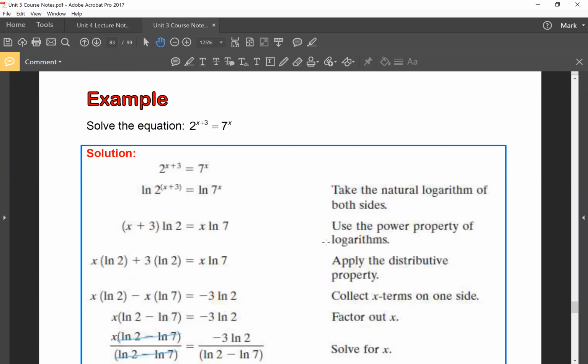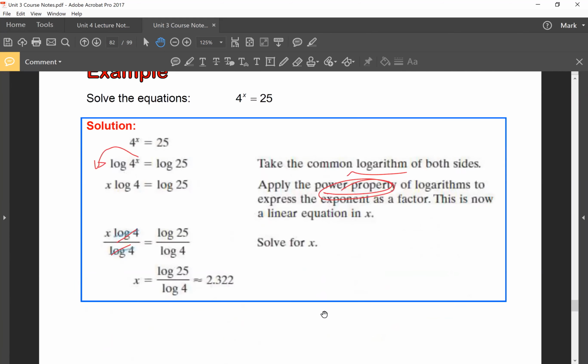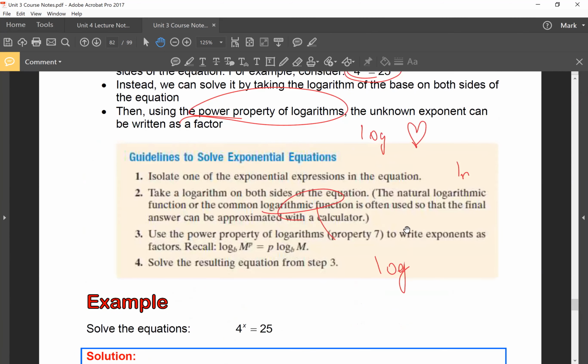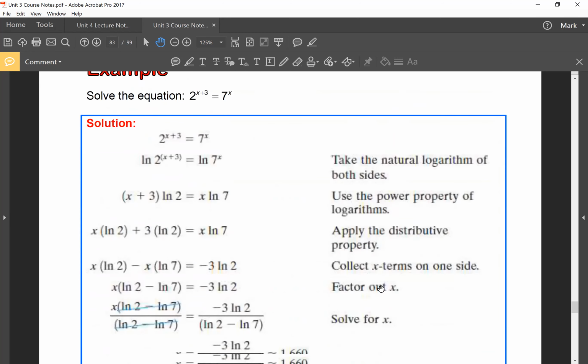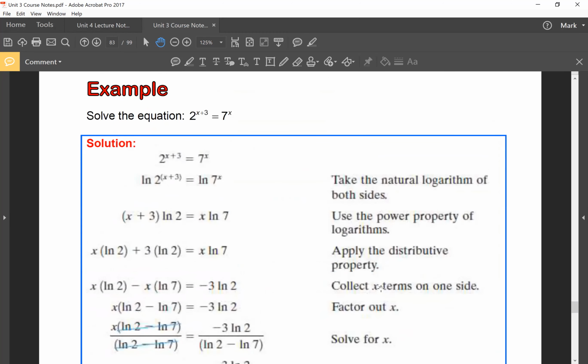The book is good, but when I used to teach this in high school, I never even brought up the natural logarithm. I would just use log always. But the book is trying to get you guys ready for future math courses, so it's saying you can use log or ln. You can use whatever one you prefer.